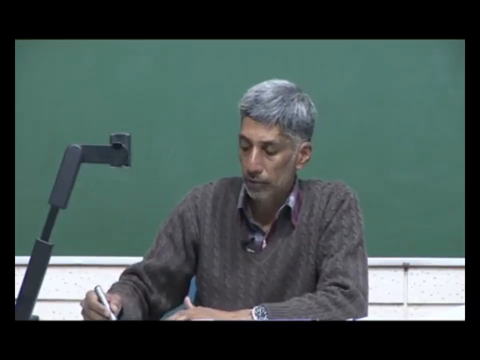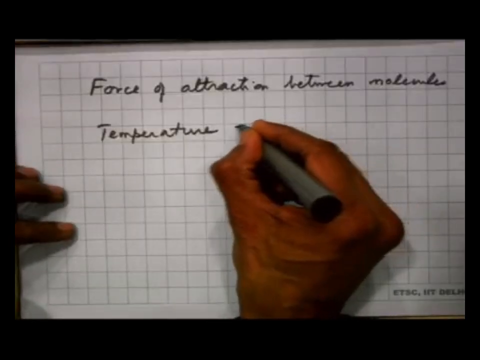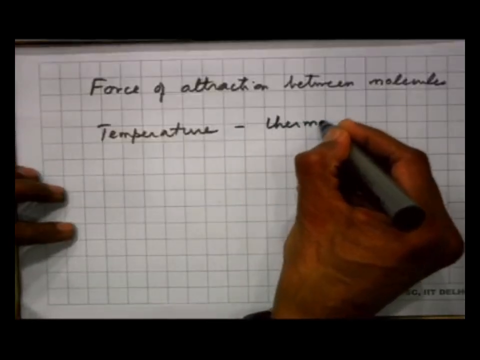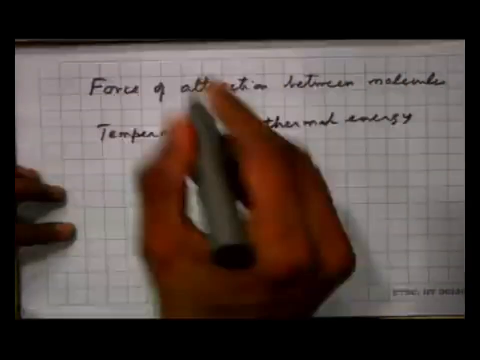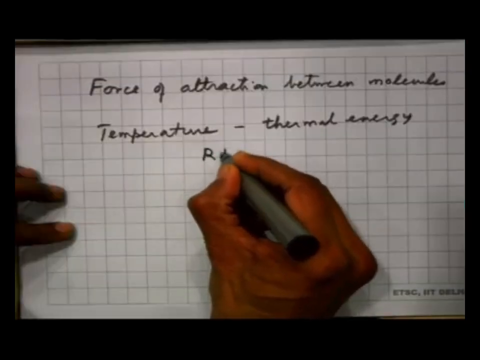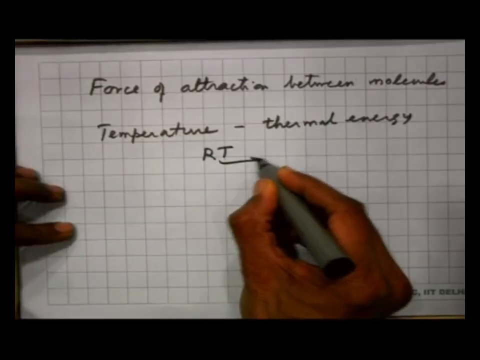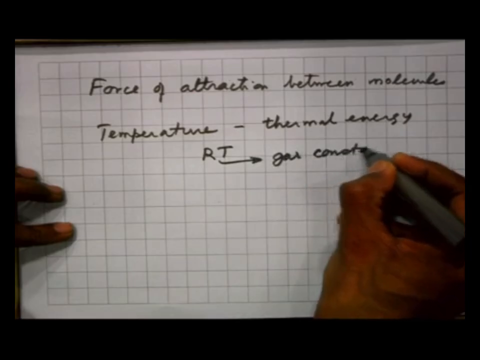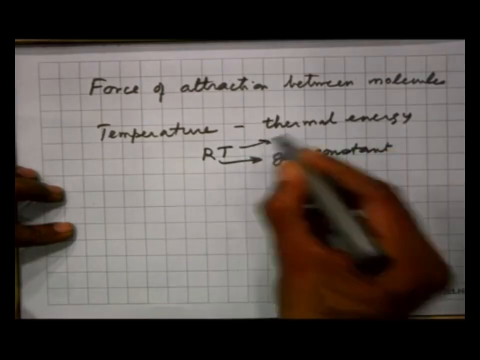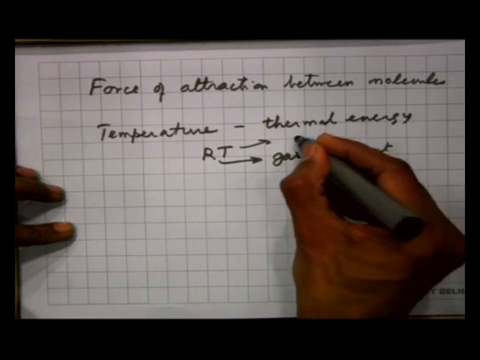So, qualitatively you can say the temperature or thermal energy, as it is sometimes called, is roughly estimated per mole as RT, where R is the universal gas constant and T you could do it in Kelvin.